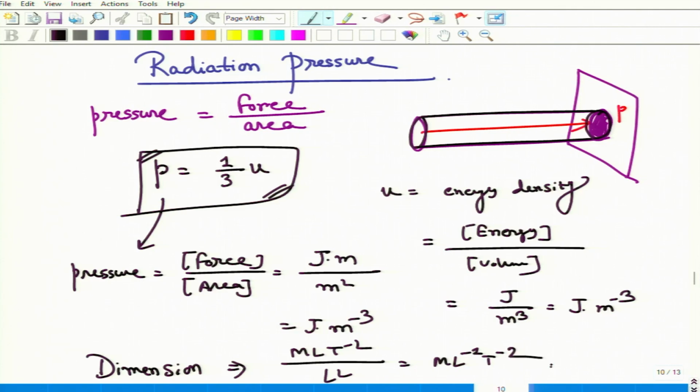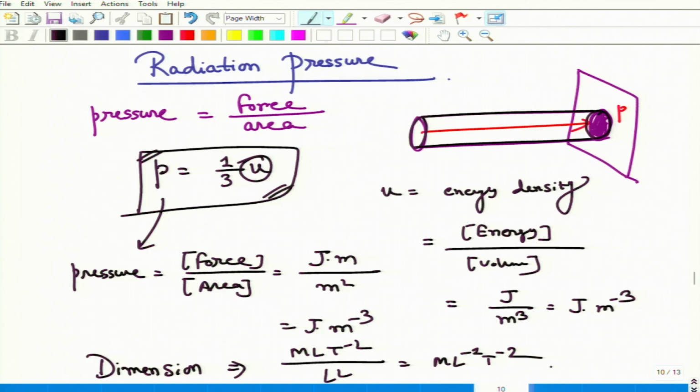This is the dimension of the pressure. This is the form of radiation pressure, 1 by 3 U, and it is very important because this energy density is not a negligible term. If we consider electromagnetic waves in space, when a spaceship is supposed to move in space to land on Mars or the moon, we have to consider that radiation pressure. Otherwise, the path followed by the spaceship will not match our prediction.